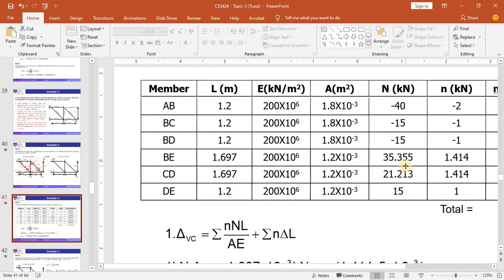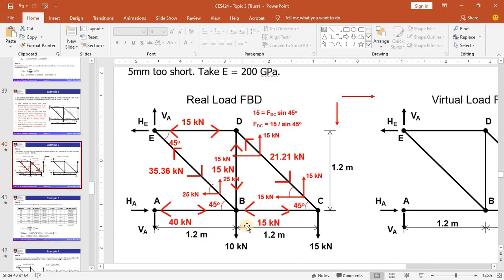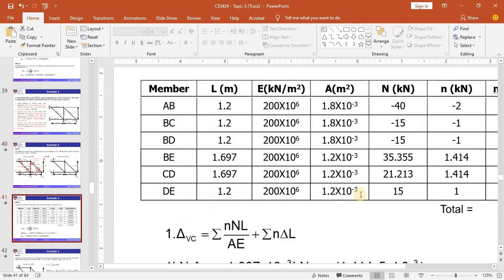BE is 35.355, or you can consider two decimal points, 35.36 in tension. So I think I have something wrong with my calculation here. Okay, so wait for a while.